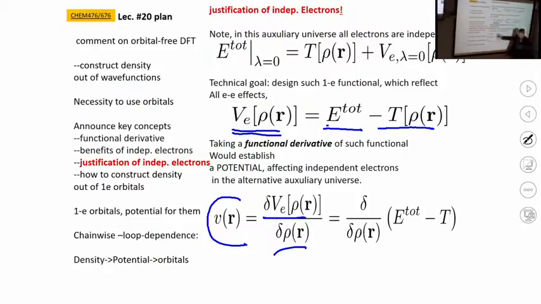But this term corresponding to electronic interactions is nothing but total energy minus kinetic energy. And total energy, we believe, is known. Kinetic energy can always be found if we use orbitals. And now we can say that the external potential, a key unit involved in the theory, can be extracted from total energy and kinetic energy contribution by functional derivative.